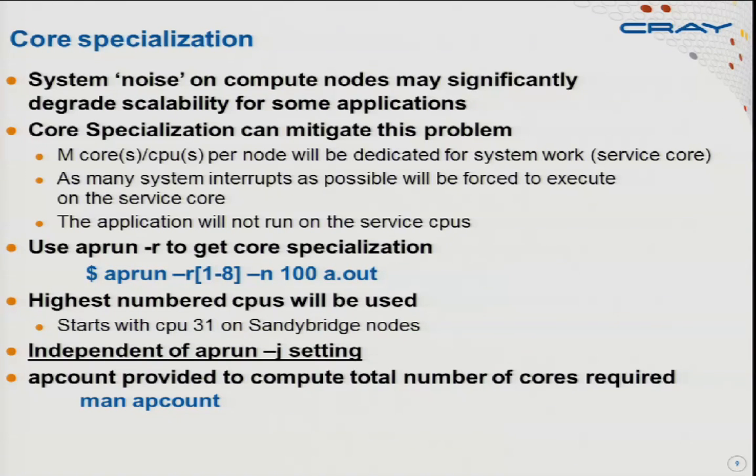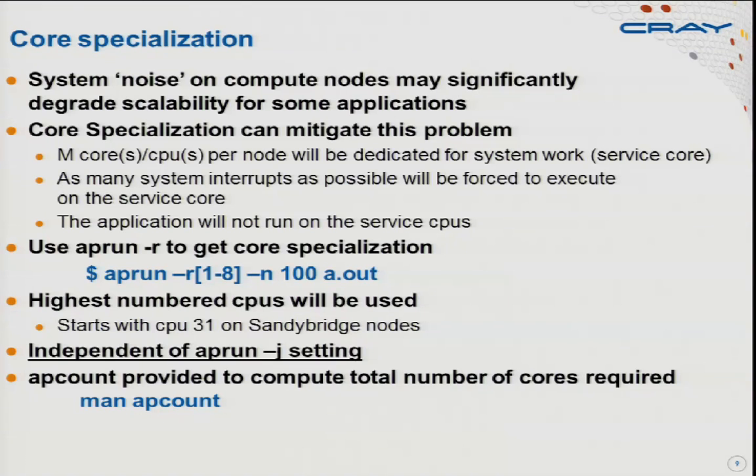You can do R31. It wouldn't make much sense, but you could do it, right? You can reserve almost all the node for the system, and one thing that might make sense on Sandy Bridge is all the numbers between 1 and 8.